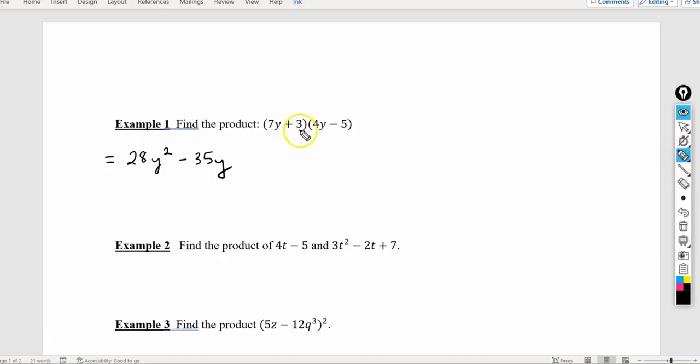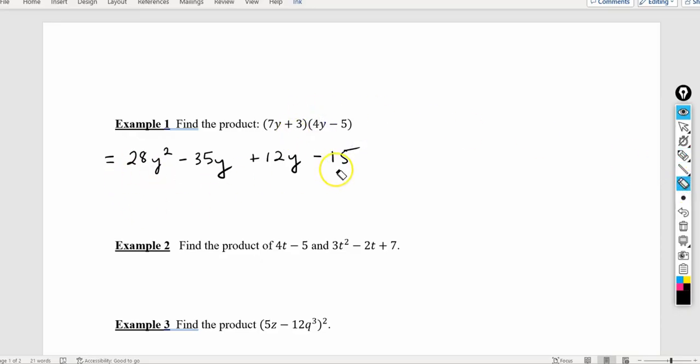Then the next step is to take the 3 and distribute that in the second set of parentheses. So 3 times 4y is 12y, and 3 times -5 is -15. So I'm done foiling.